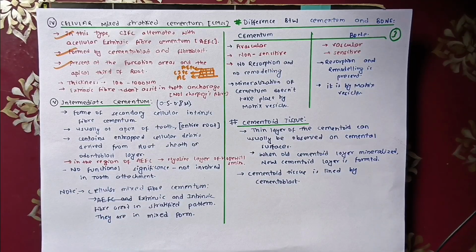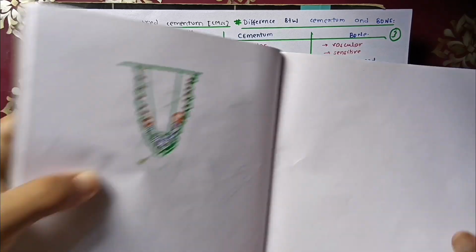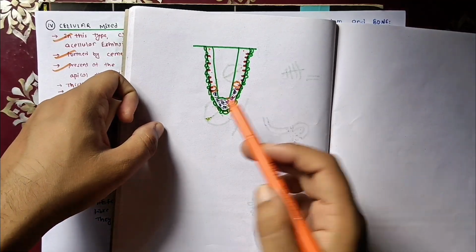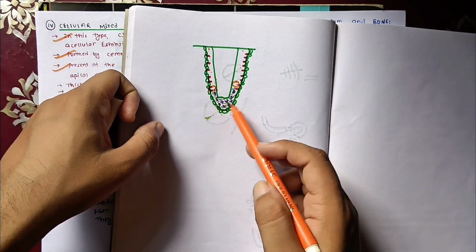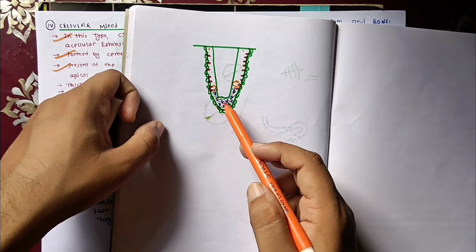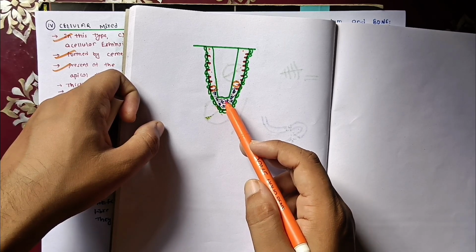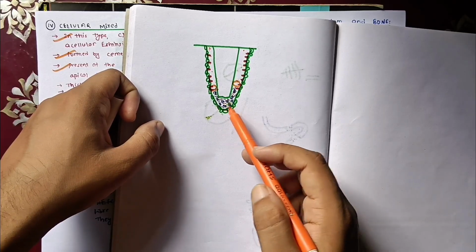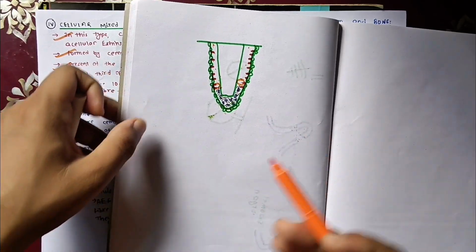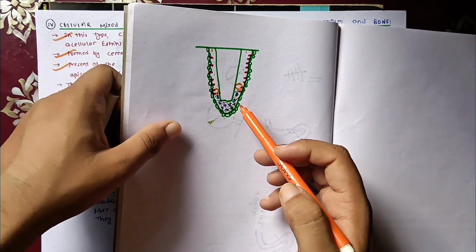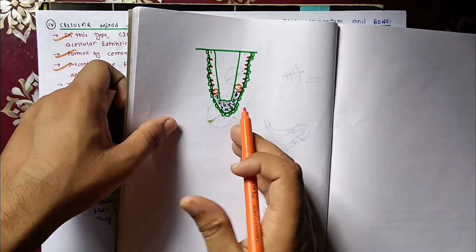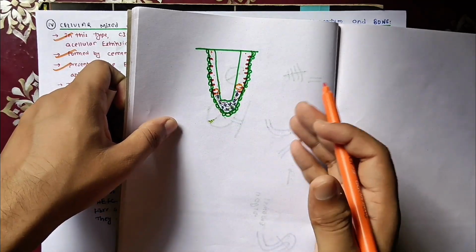One thing I should tell you clearly. Previously I told you that you should remember this portion: there is a cellular intrinsic fiber, which means there are cells and there is a fiber. But when you study deeply in this apical third region, we have both cellular intrinsic fiber cementum and cellular mixed stratified cementum.